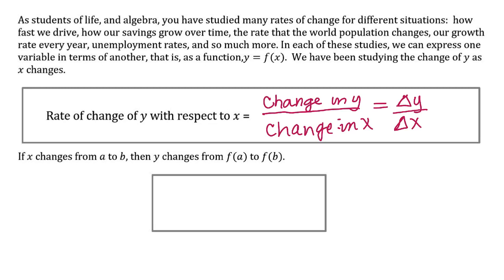So for our slope formula, we're going to go from that delta y over delta x to f at b minus f at a, over b minus a.